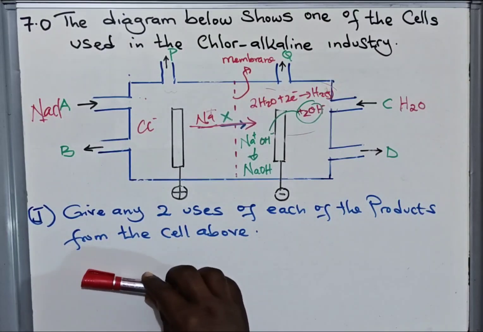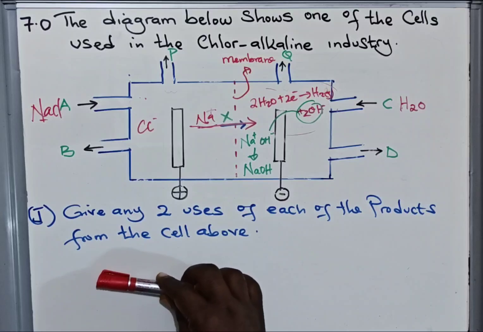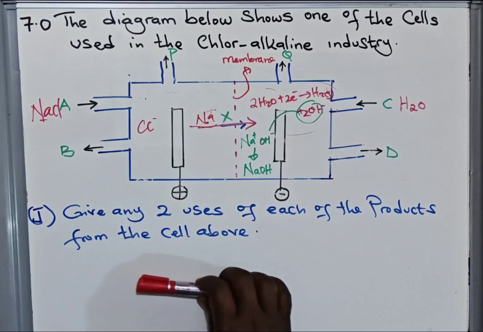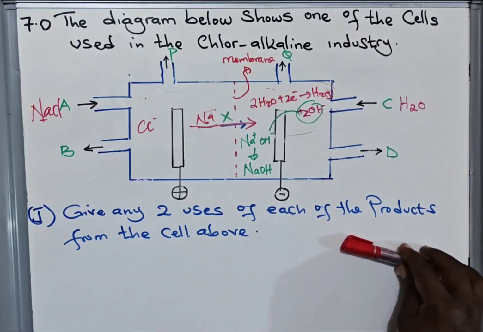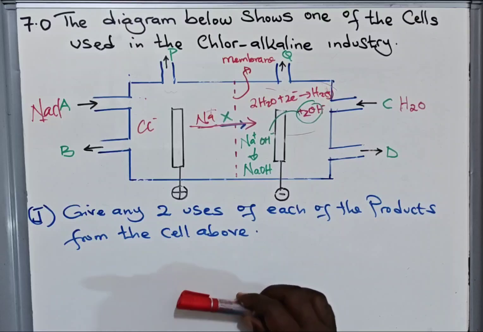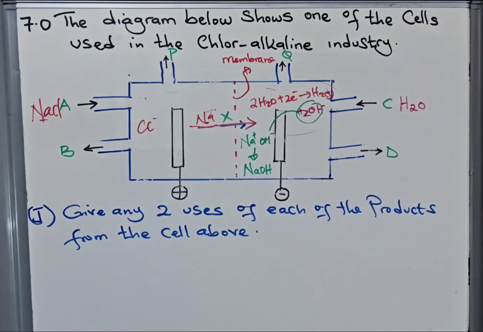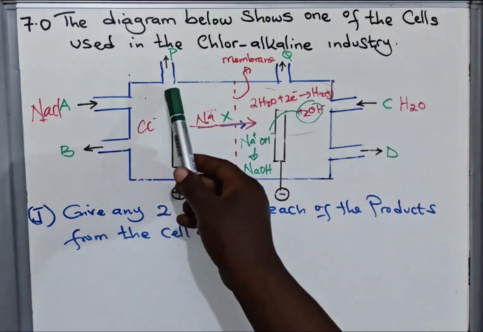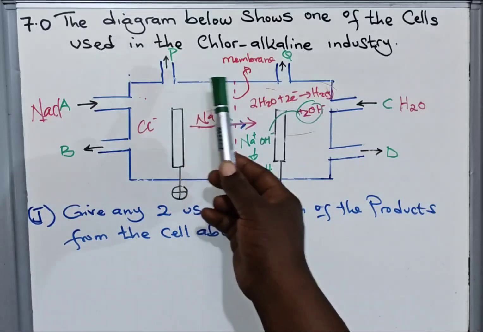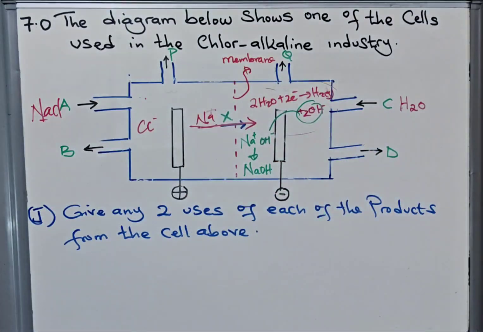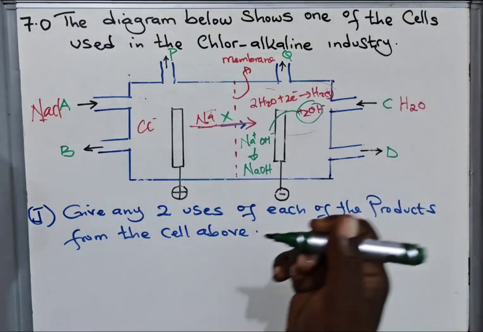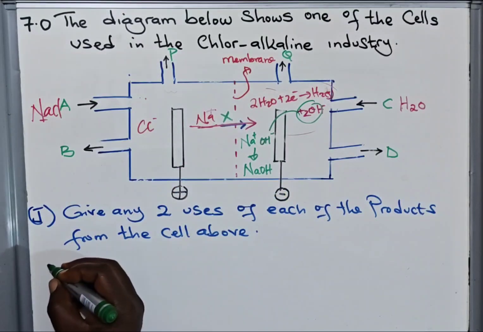Yeah, then we come to this question. It says, give any two uses of each of the products from the cell above. Yeah, these are the products we have, the P, the Q, and D. And the question is, what are their uses? Let's start with P, which is chlorine.